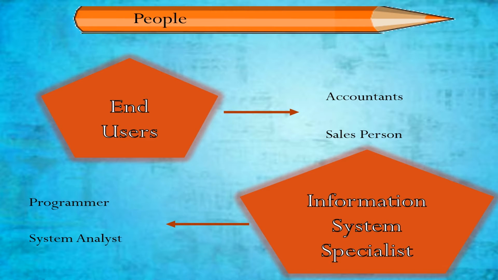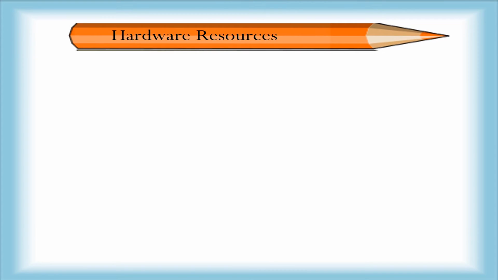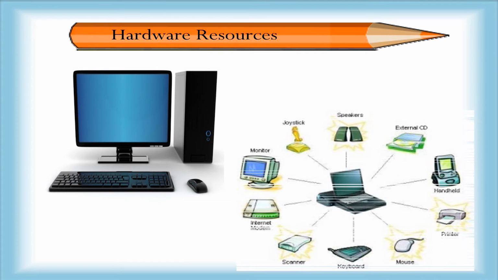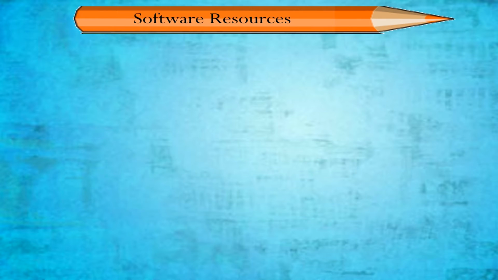used in information systems are hardware resources. These include A. Computer systems, and B. Peripheral devices. The third type of resource used in information systems are software resources.